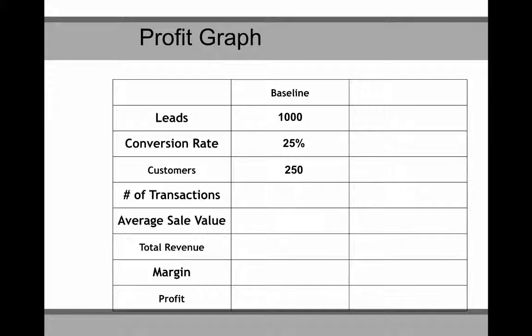Let's assume your number of annual transactions equals 10. So each of your 250 clients, customers, buys what you sell 10 times a year. Let's further assume that your average sale value is £100. So your 250 clients are buying a £100 product or service from you 10 times a year for a total revenue of £250,000.